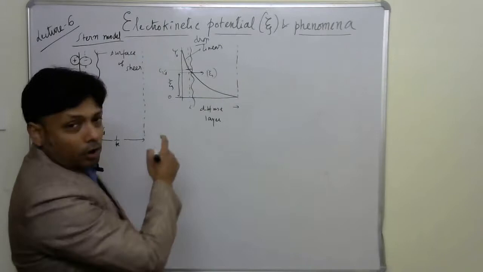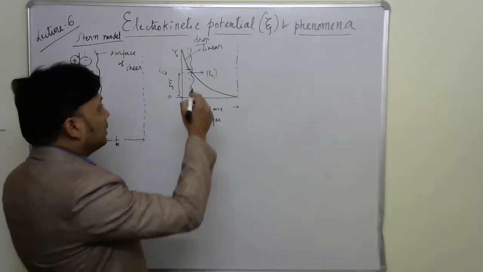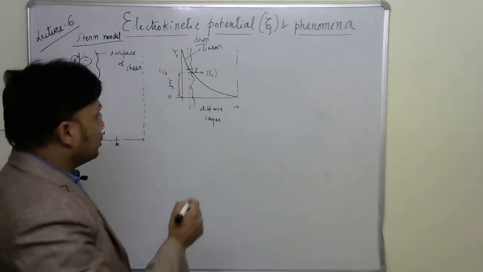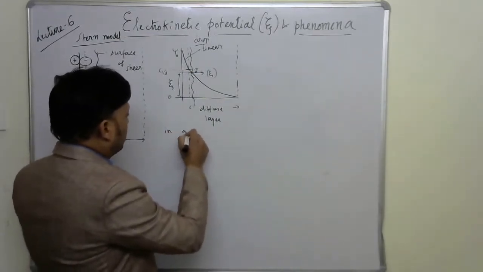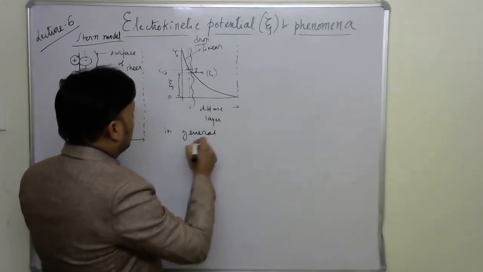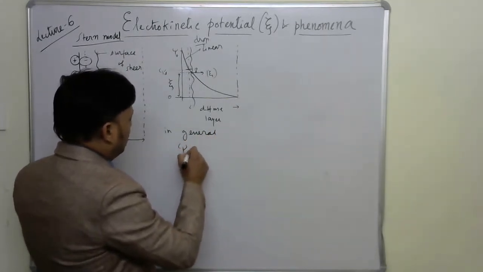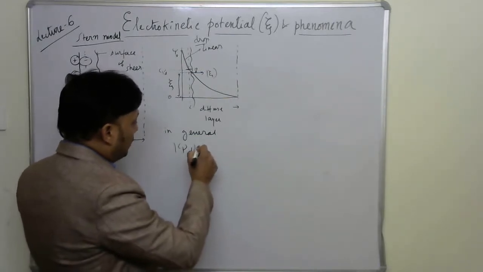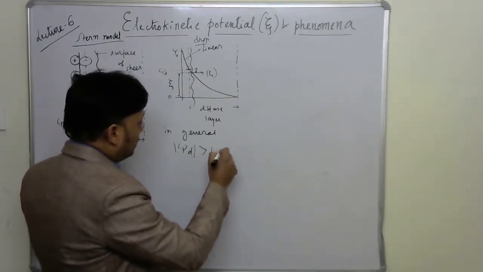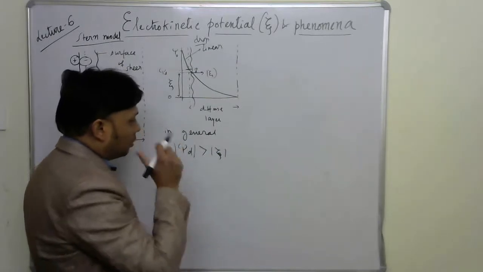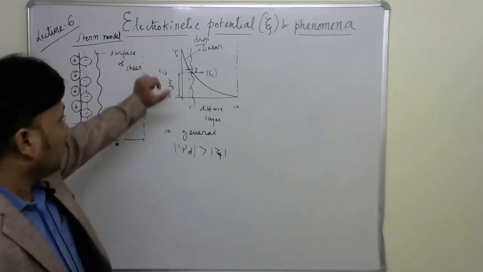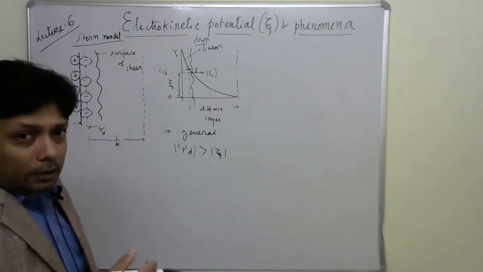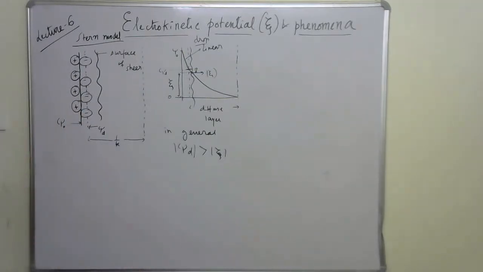From this drawing, you can see that there is very little difference between psi d and zeta. In general, we can write that psi d, it's the numerical value we are talking about, is a little bit greater than the modulus value of the zeta. We will observe this again in a few more instances.